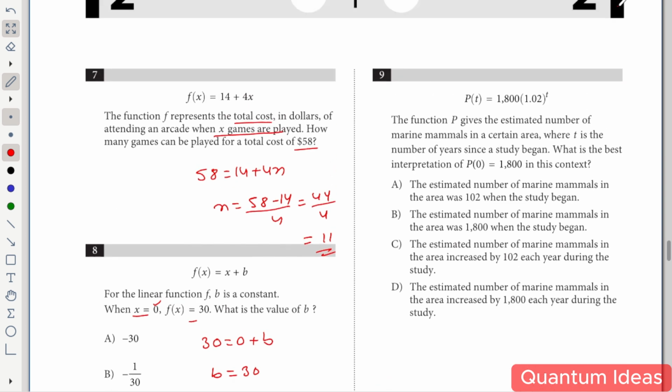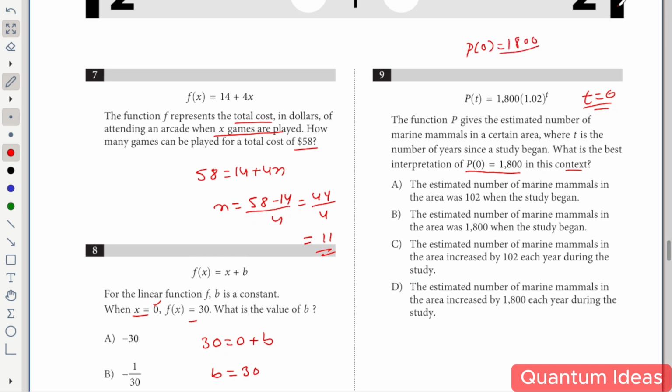The function p gives the estimated number of marine mammals in a certain area, where t is the number of years since the study begins. What is the best interpretation of p of 0 equals 1800 in this context? When we plug in t equals 0, that means the beginning of the study, so it becomes p of 0 equals 1800.